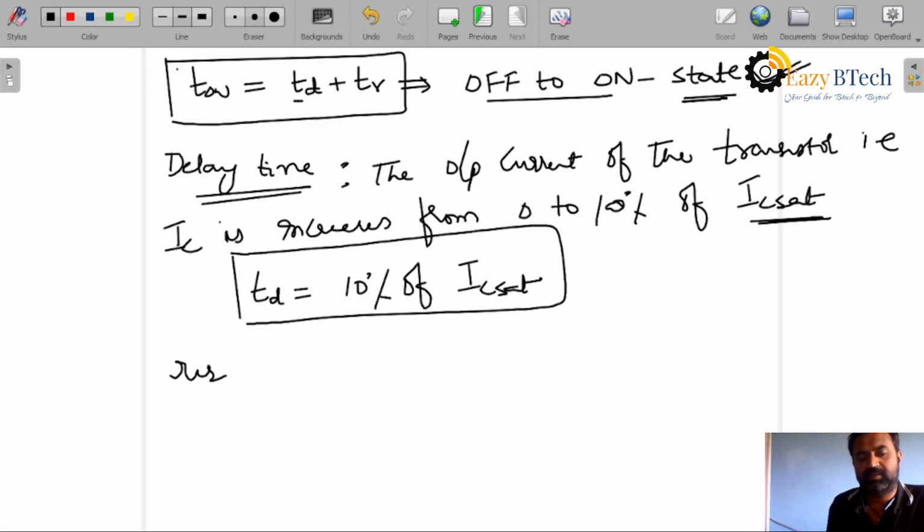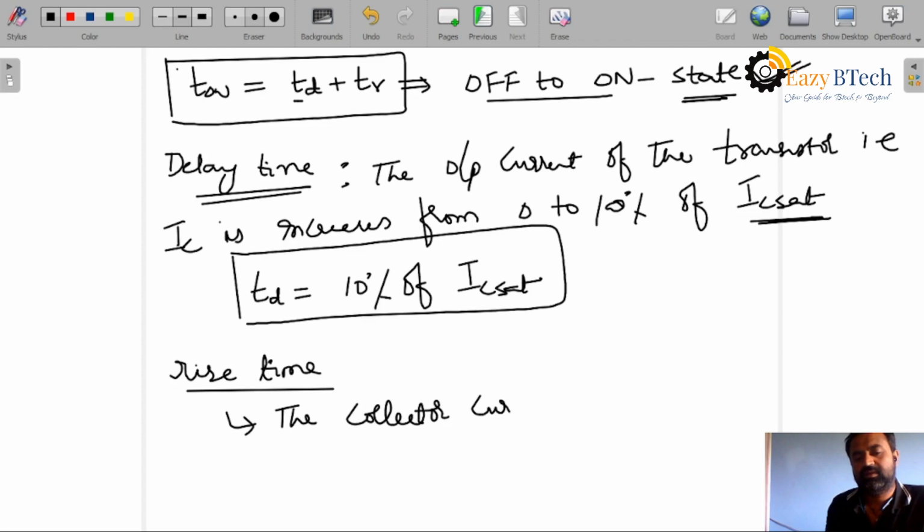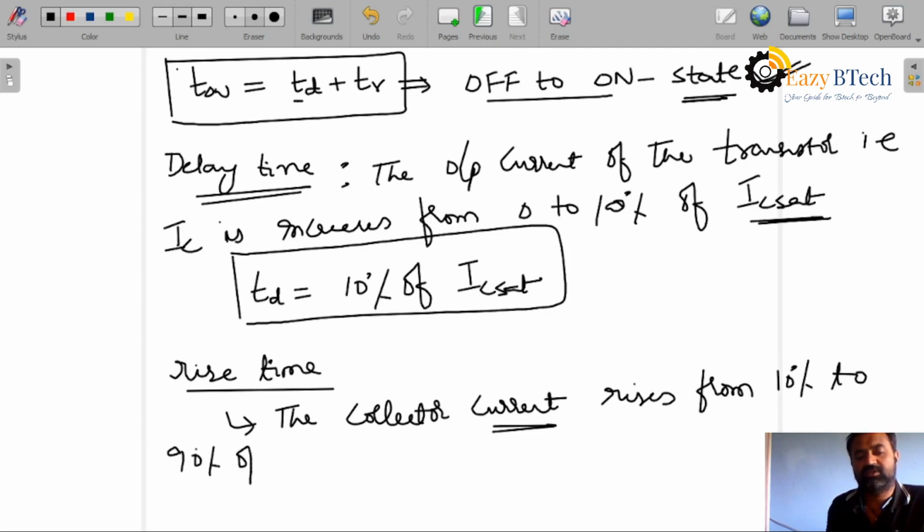Next, rise time. The collector current rises from 10% to 90% of IC sat.